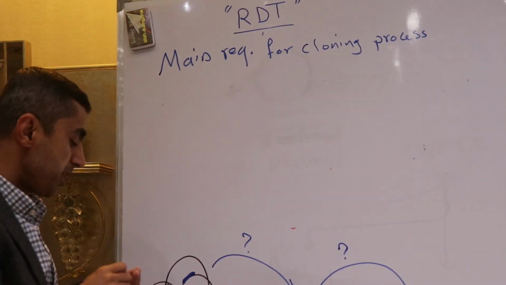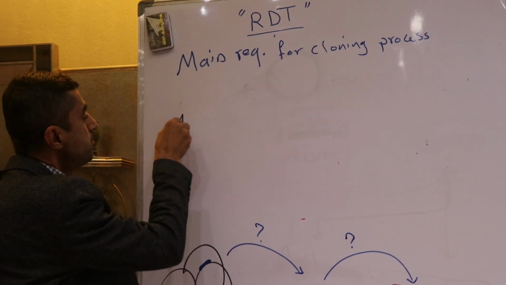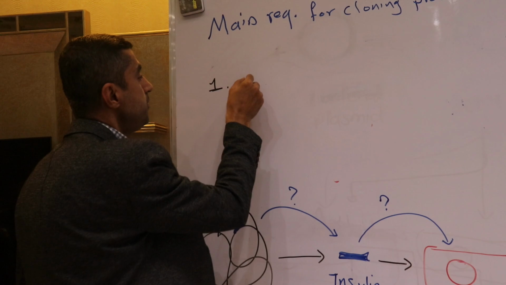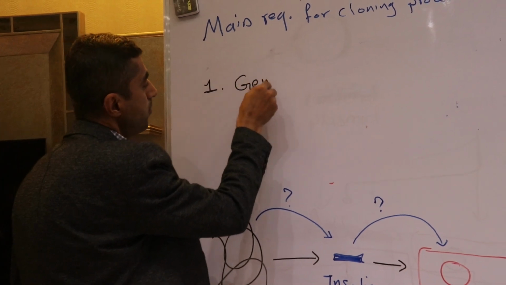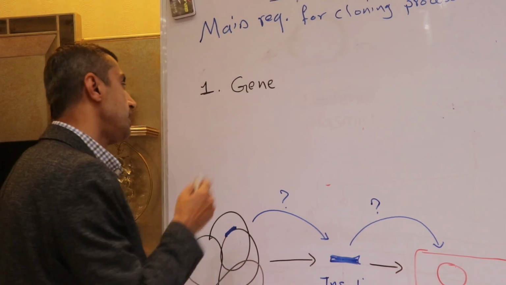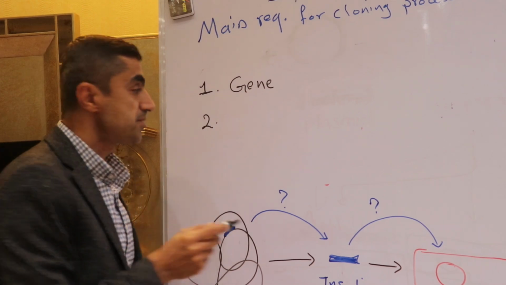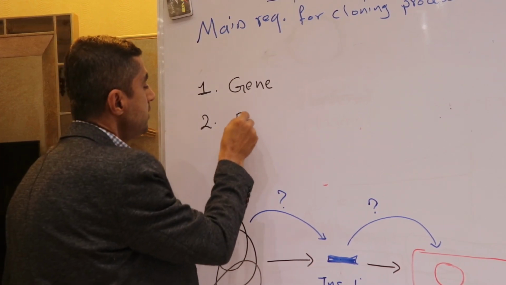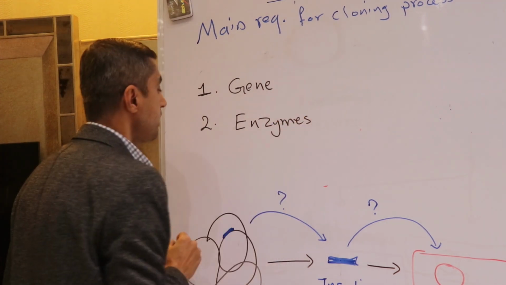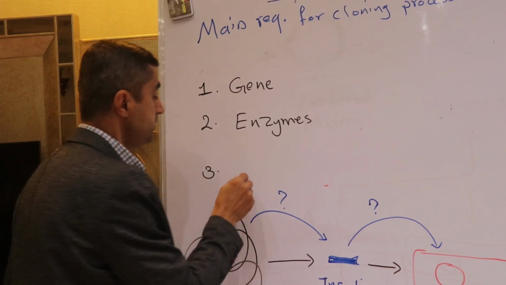The main requirements are, firstly, the targeted gene, the sequence of the gene; the second one, enzymes; and the third one, vectors.